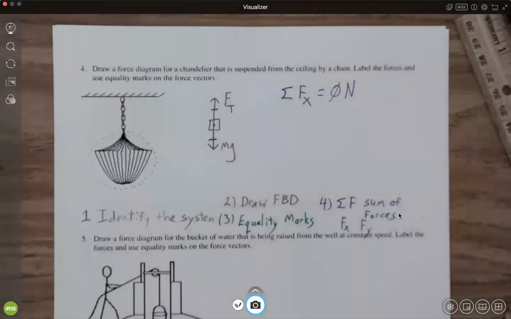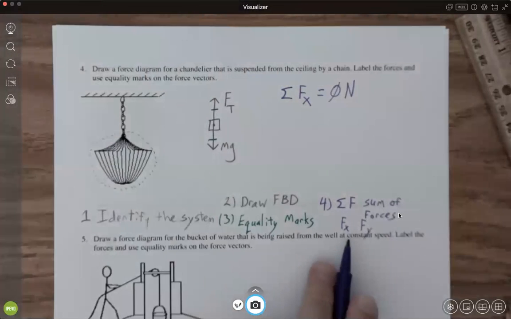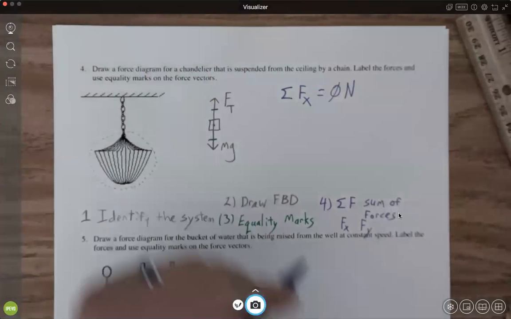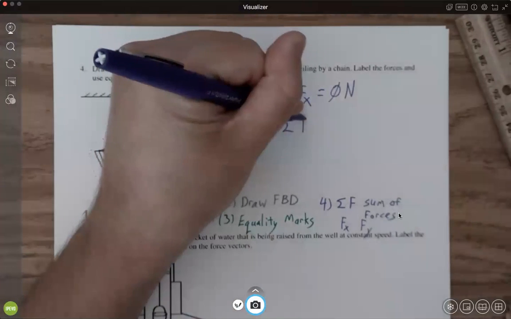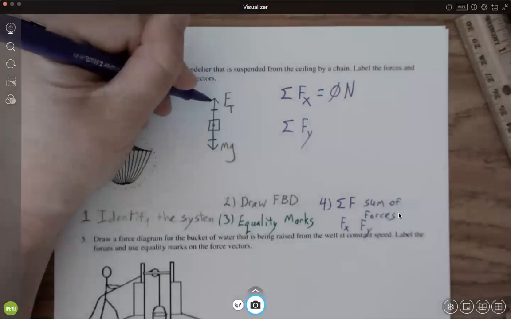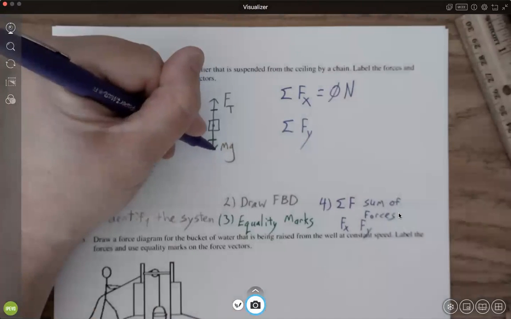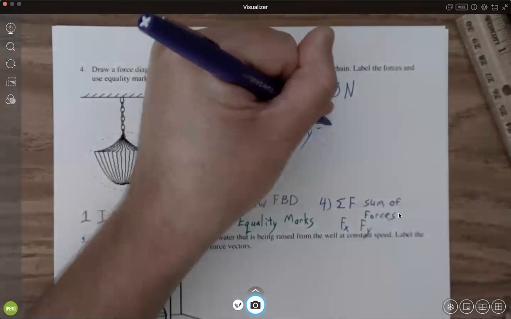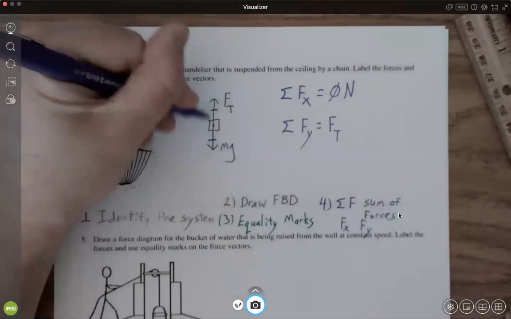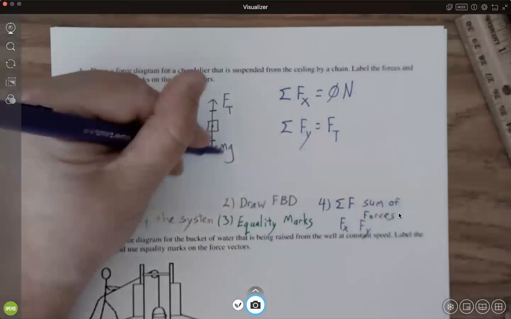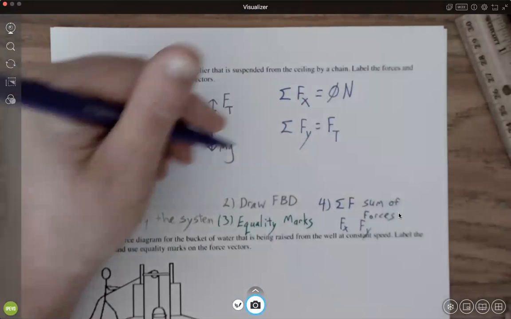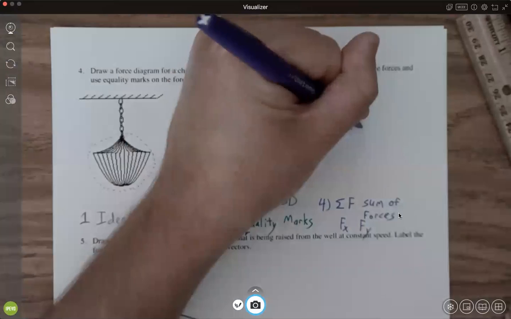We're also going to have the sum of the forces in the Y. The Y direction is going up and down. So the sum of the forces in the Y, we have this tension force up minus this mg down, minus because it's going down. This tension is up, so it's positive. We add in the mg, but the mg is going down, so it's negative, so minus mg.